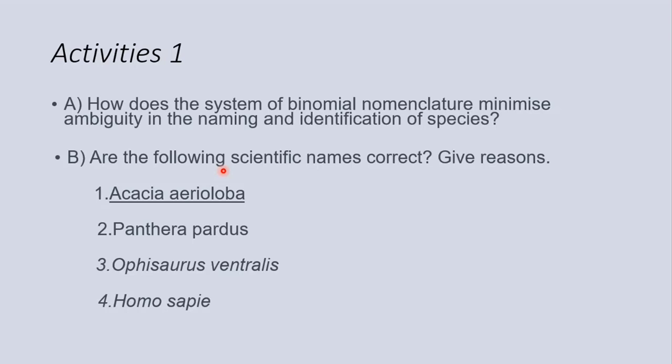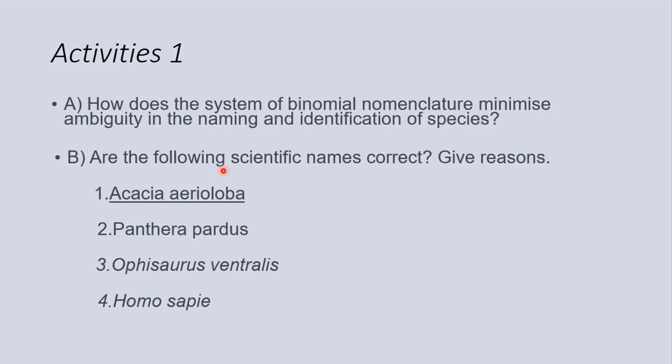The second one, anybody else? Is it correct? Anyone else beside Latoya? Vanessa? KG? Okay, Latoya, is your hand still up? Yeah. It's not correct. Why?